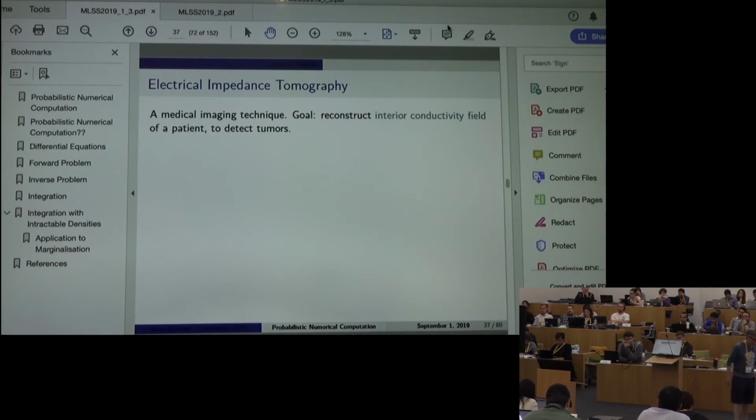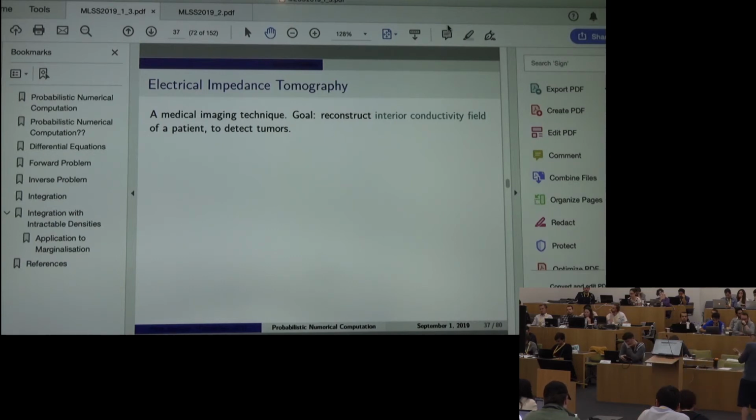In this case, what we want to do is use EIT technology in an inverse problem setting where we would have a patient, we would use some electrical signals and pass them through the body, and given the measured responses, reconstruct the conductivity field within the patient's body.